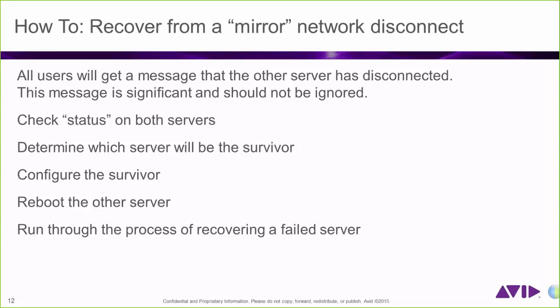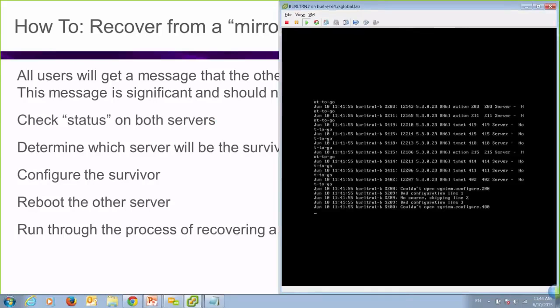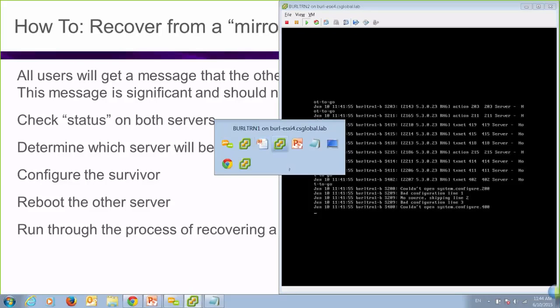And then if they are disconnected, we need to determine which server is going to be the survivor, because we're going to have to clear the database on one of them and remirror it. So we'll then configure the survivor, reboot the other server, and go through the recovery process. So we'll quickly do this in the few minutes we have left here.